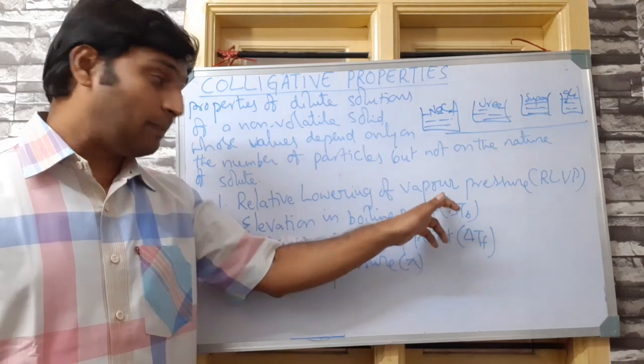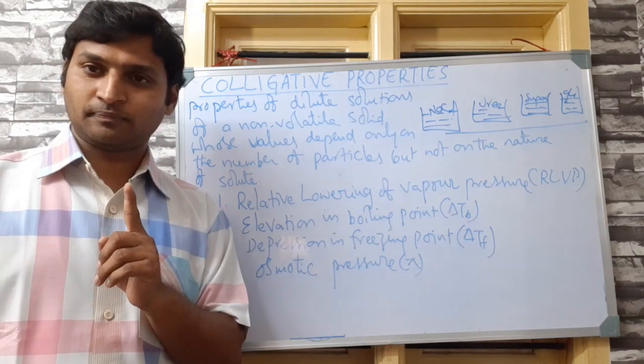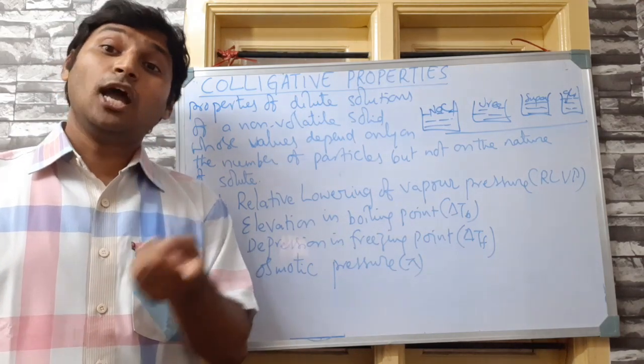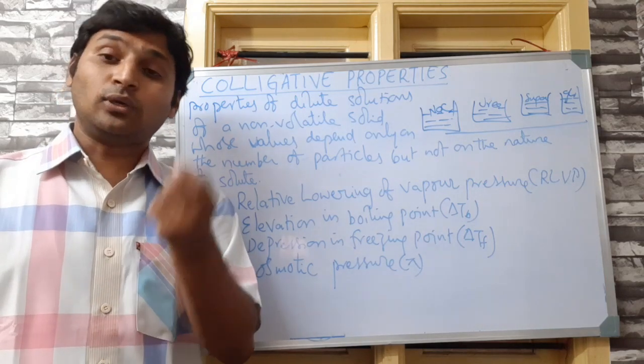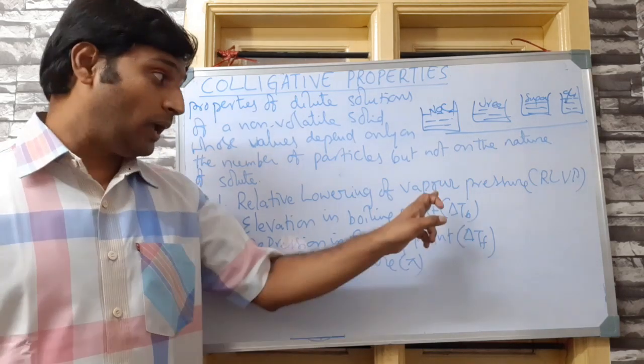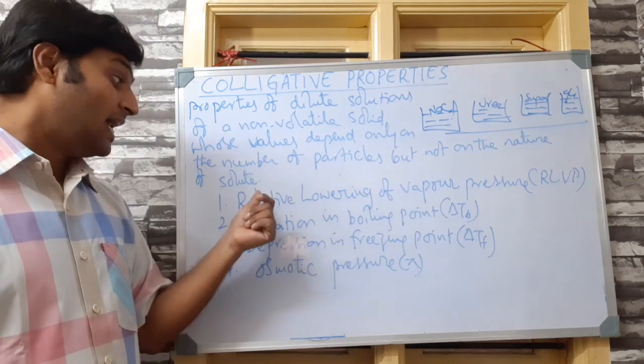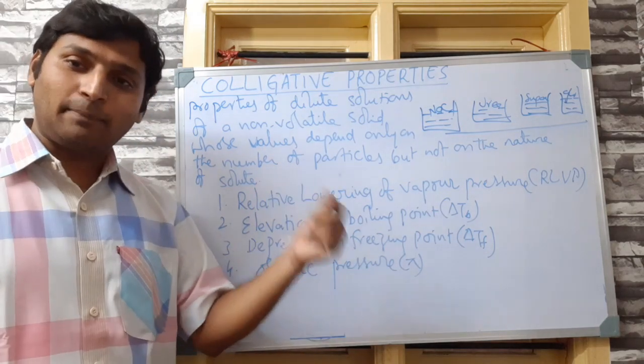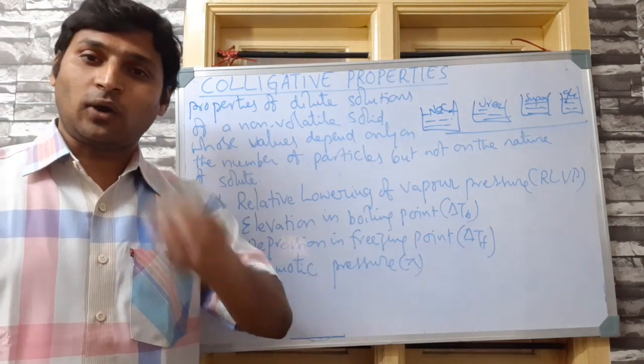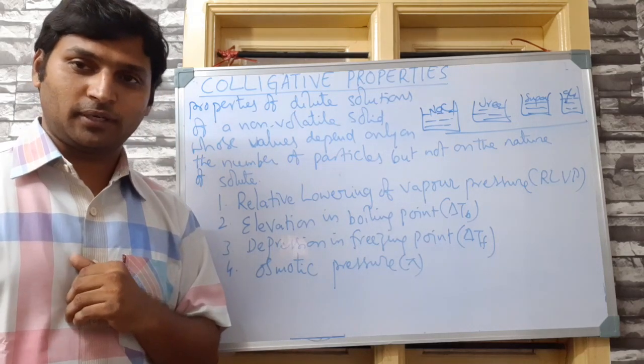That's why vapor pressure is not a colligative property. Relative lowering that happened in vapor pressure when you added a non-volatile solute is a colligative property.